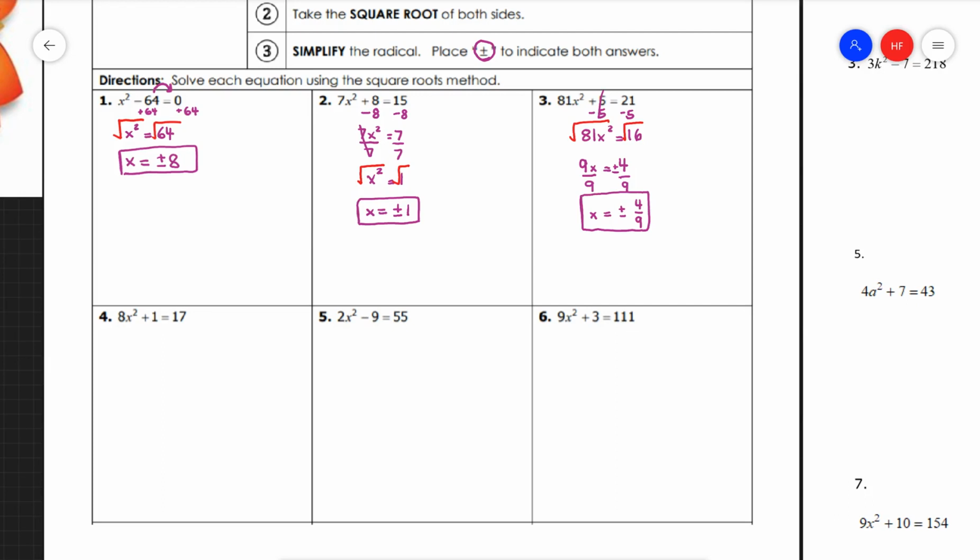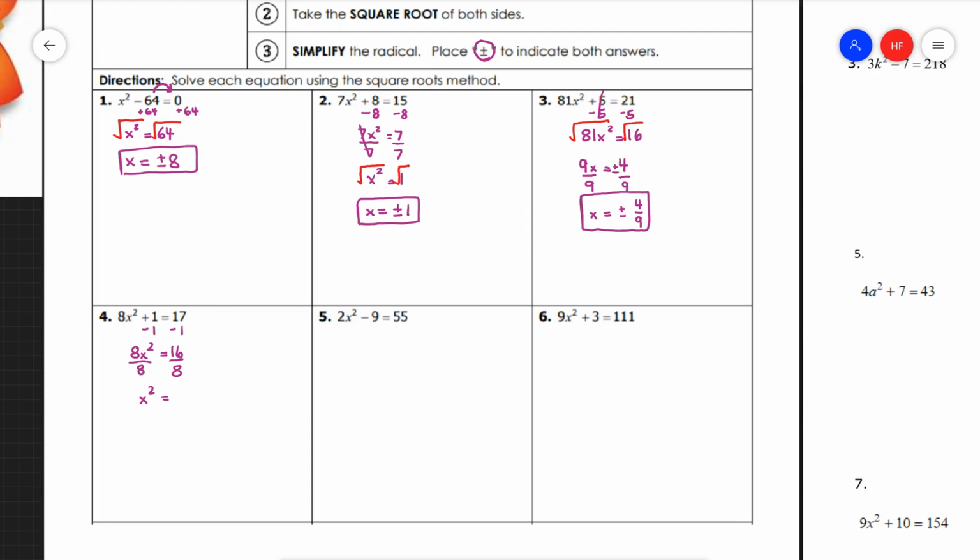Now on number 4, 8x squared plus 1 equals 17. I'll subtract 1. And I get 8x squared equals 16. They do have a GCF, which is 8. So I'll divide both sides by 8. And I get x squared equals 8. Oh, sorry.